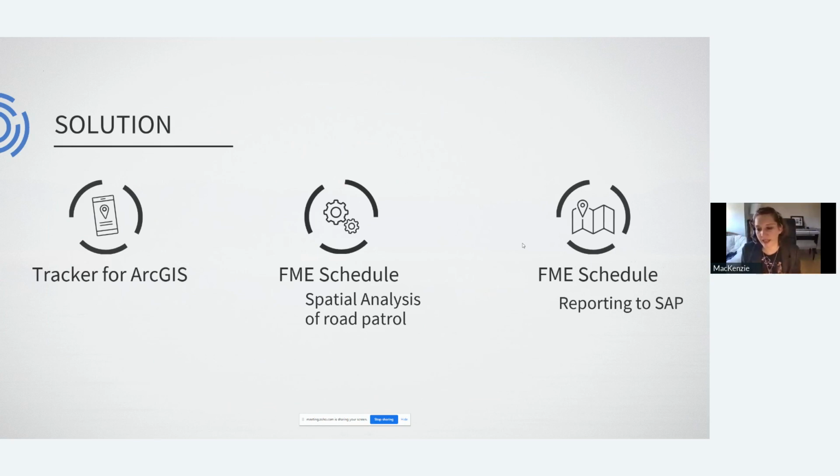And then finally, another schedule is used, and this one is more of a daily schedule where it does a summation of all the pipe distances that have been driven. That information is sent into reporting for SAP, because the planners that do the work use SAP as their main application.